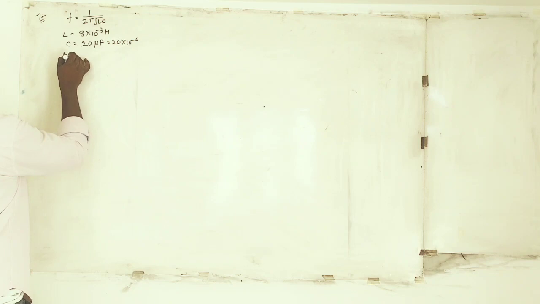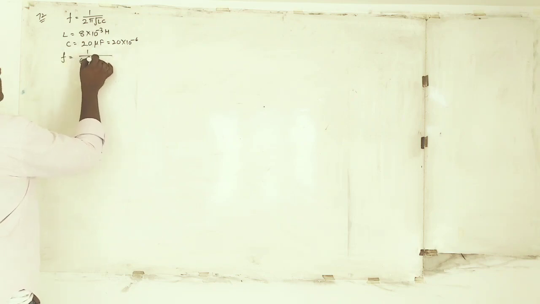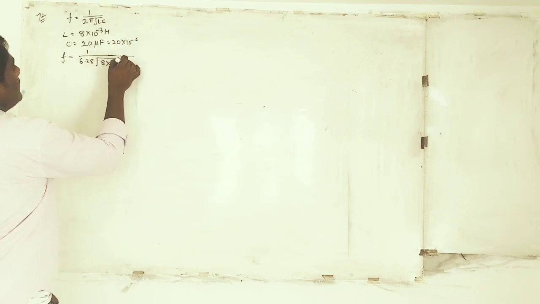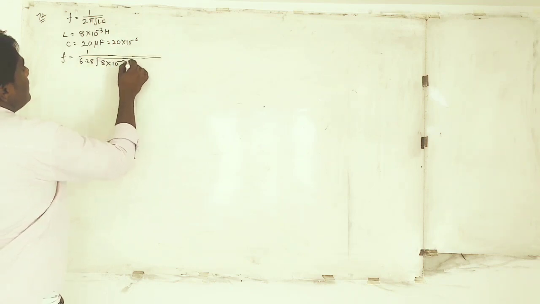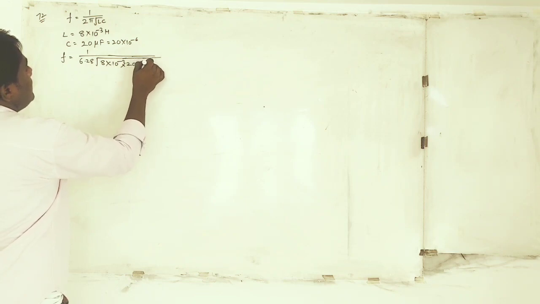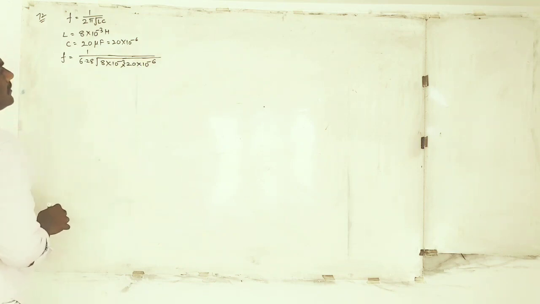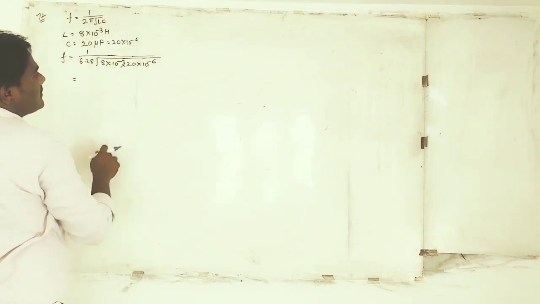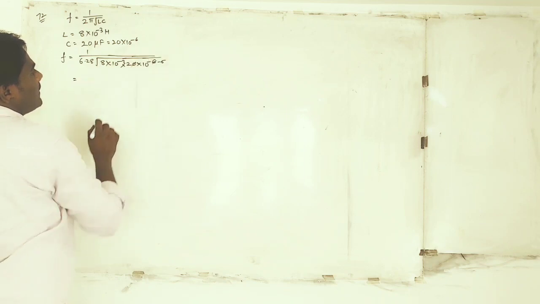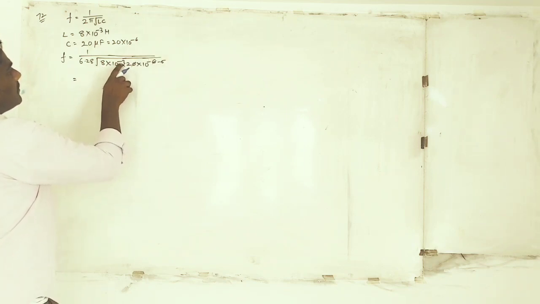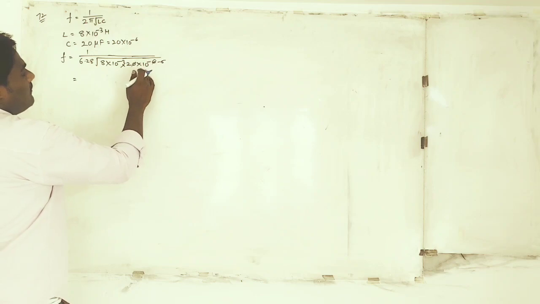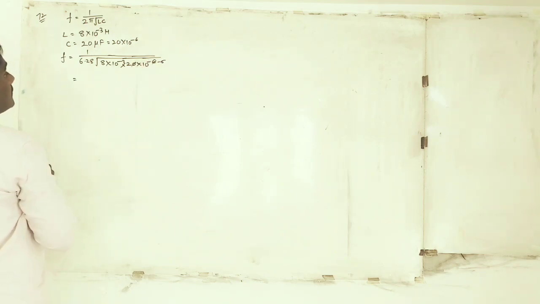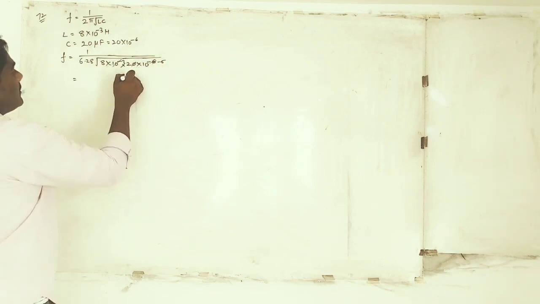Now we substitute here: F is equal to 1 divided by 6.28 into the root of 8 into 10 power minus 3, which is L, and 20 into 10 power minus 6. Your job is to maintain the powers in even numbers. So for convenience, I take this as minus 5. So 8 twos are 16. Minus 3 minus 5 is minus 8. Once it comes out of the root, it becomes minus 4. If it goes to the numerator, it becomes plus 4. So I take out the powers as 10 power 4.